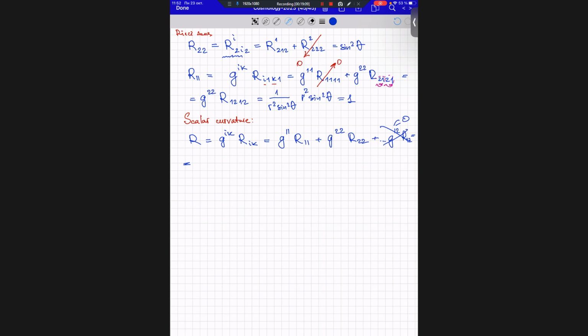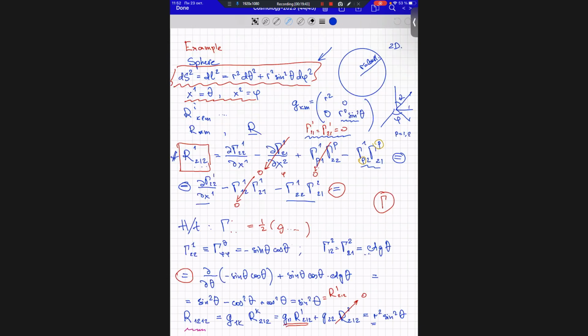I'm sorry, however, why can we do this in the second expression? We already calculated the curvature tensor for the case where we have 1 as the upper index and 1, 2, 1, 2 as lower indexes, and that's equal to sine squared theta.